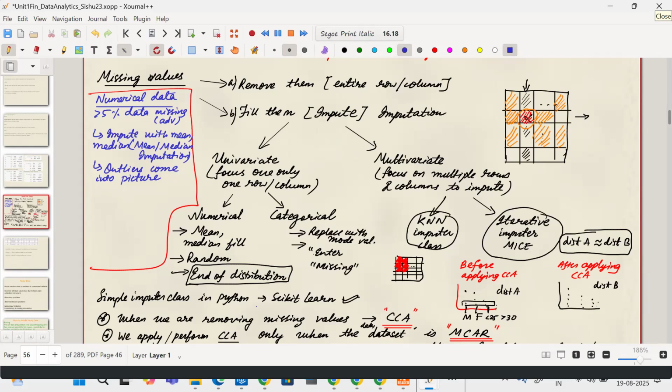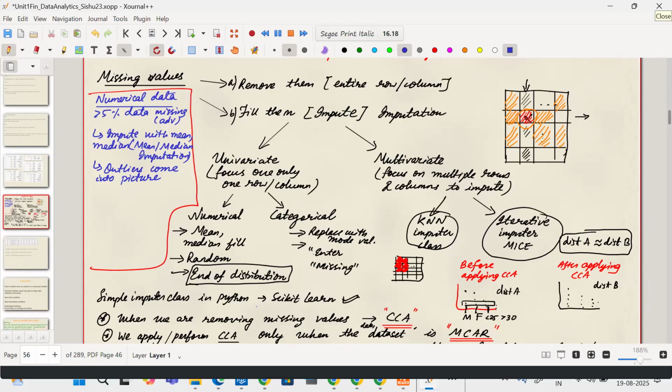You already know about the categorical data set. If you have categorical data, like we saw in the marital status example, the mode in that data set is single, so you can replace any missing entry in that column by single. So you can apply mode to categorical variables.